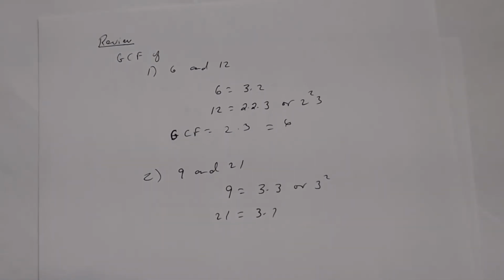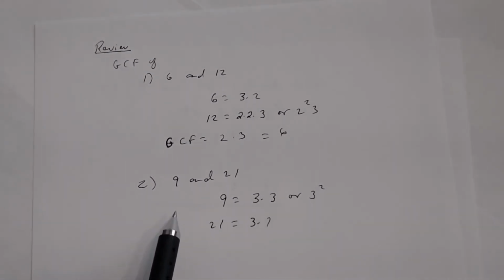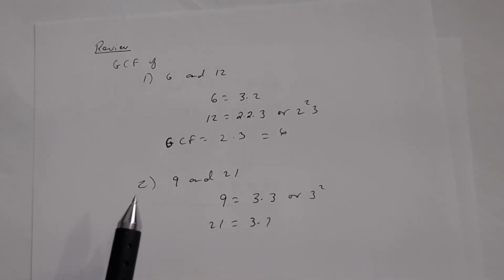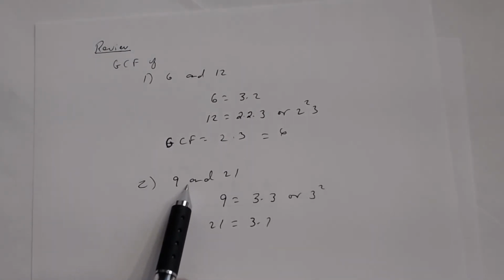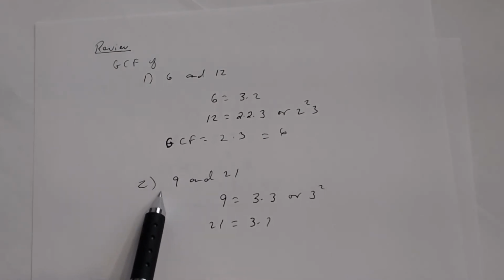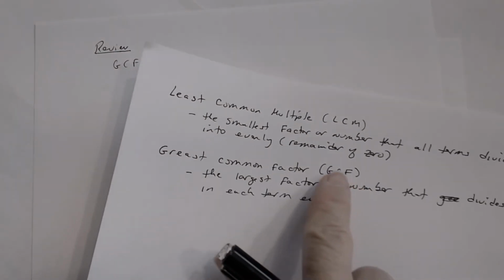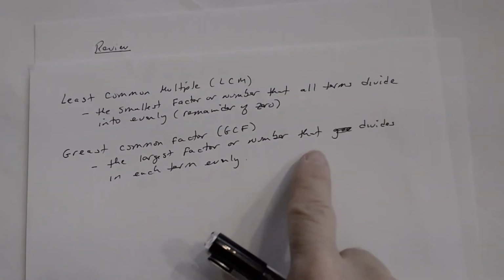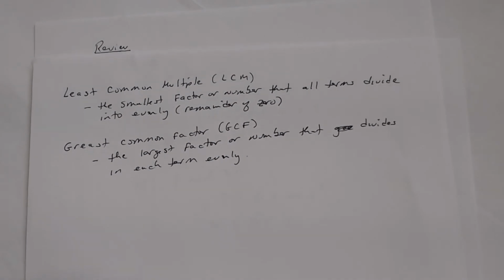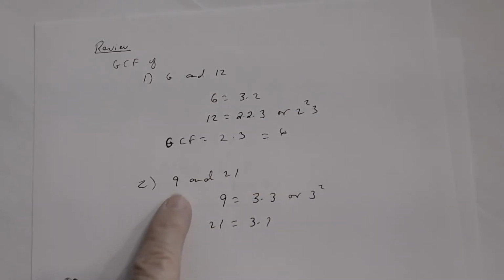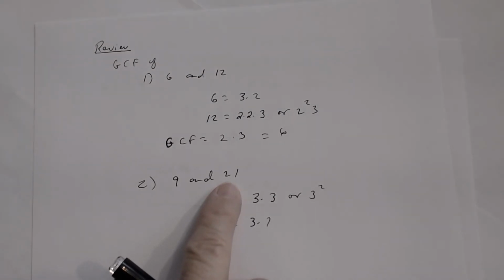Okay, so when talking about the greatest common factor, the greatest common factor has to be less than or equal to 9. Y'all remember that? The greatest common factor, remember, is the number that divides into each term evenly. So the factor that goes into 9 and goes into 21 evenly is going to be 3.